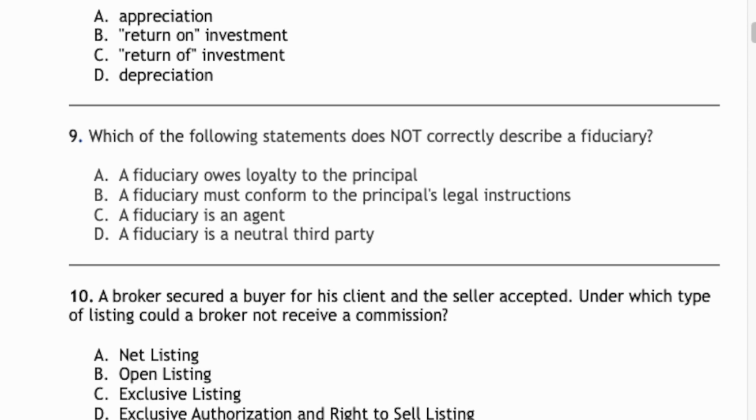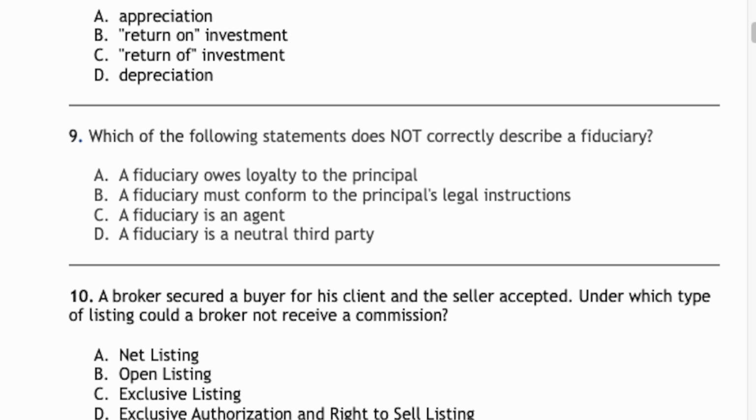Number 9. Which of the following statements does not correctly describe a fiduciary? Is it A, a fiduciary owes loyalty to the principal, B, a fiduciary must conform to the principal's legal instructions, C, a fiduciary is an agent, or D, a fiduciary is a neutral third party?